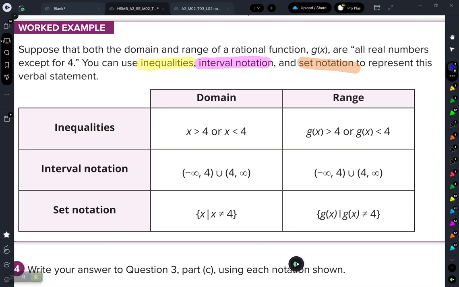Everything greater than 4, everything less than 4 will work. That in interval notation is shown below. That's where we use the parentheses and the infinities. This is basically saying from negative infinity to 4 and from 4 to infinity with a union symbol in between.